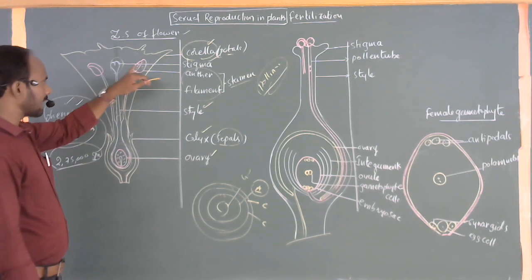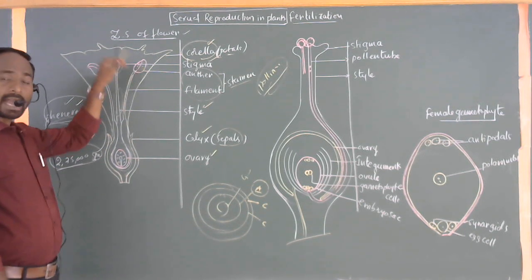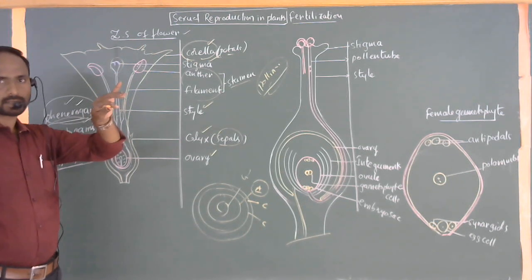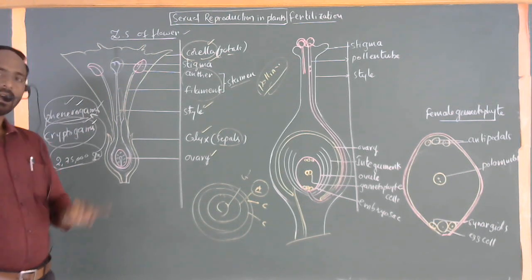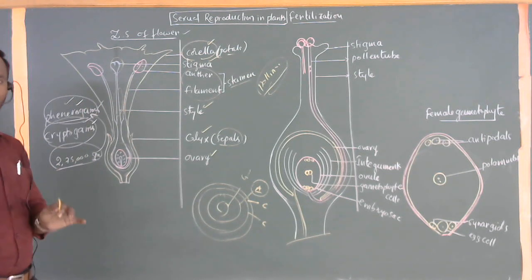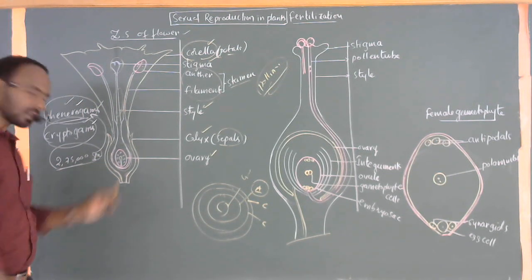Transferring of pollen from the anther to the stigma of another flower of the same species is commonly called cross-pollination. Whatever it may be, either self-pollination or cross-pollination, the final result is commonly called fertilization.